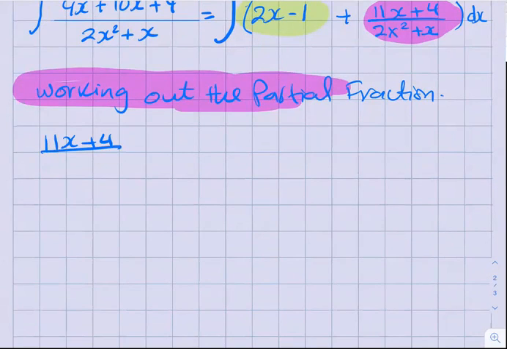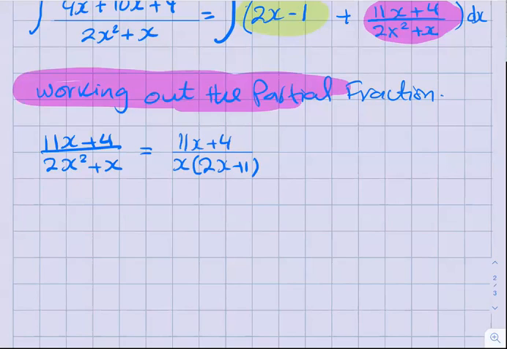So you leave the integration for now. We need to concentrate on the partial fraction. When we finish, we'll carry on. So we'll take x as a common factor. So it's going to be x, and what's going to be left here? 2x plus 1. And that's 11x plus 4.